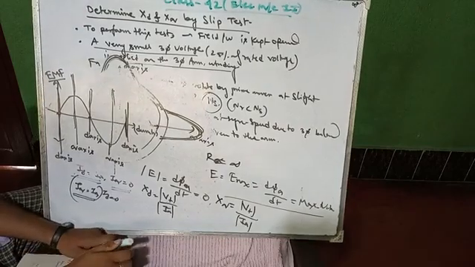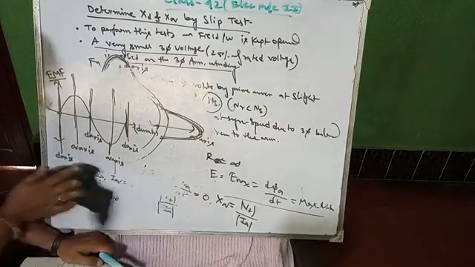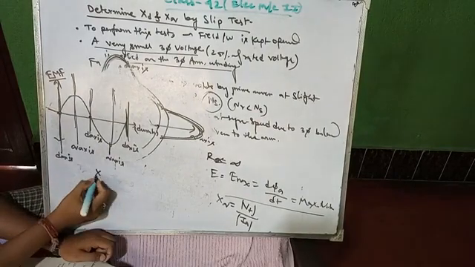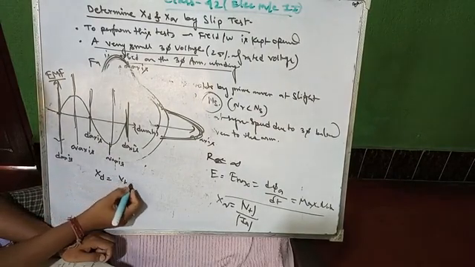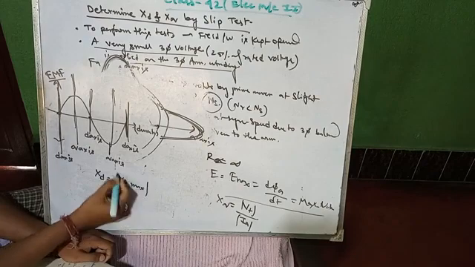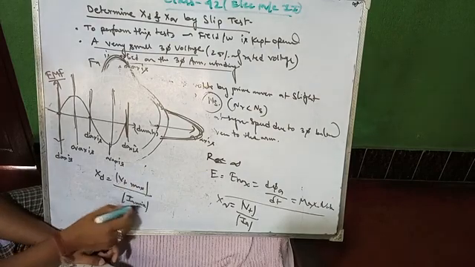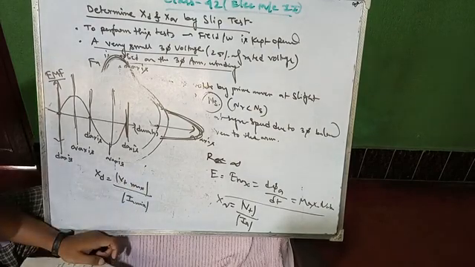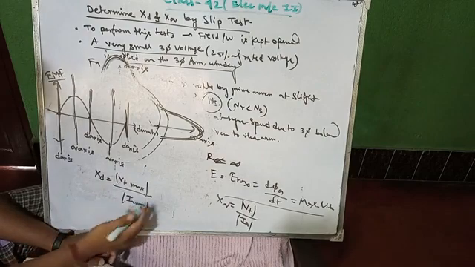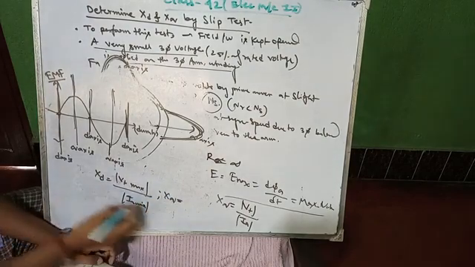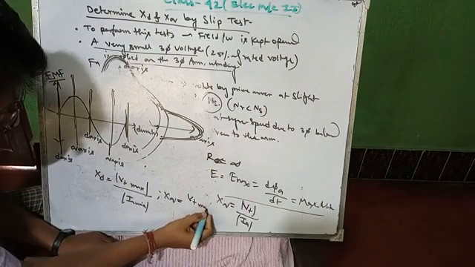So we can write that ultimately XD equals VT max by IA min. When the terminal voltage is maximum, then current will be very small. And for XQ, VT min by IA max.